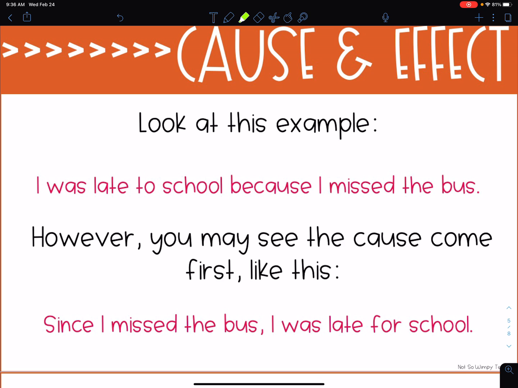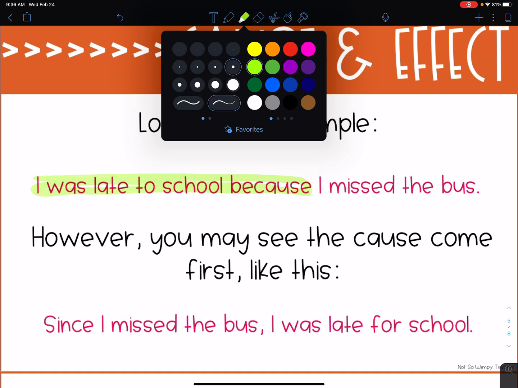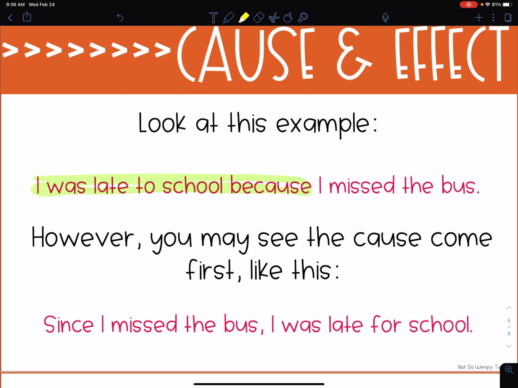I was late to school, and the cause is I missed the bus. So this is going to be the cause, and this is going to be the effect in our sentence.